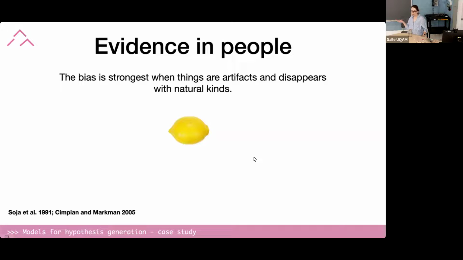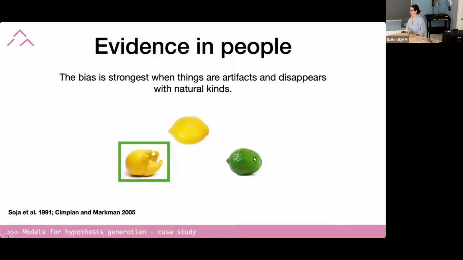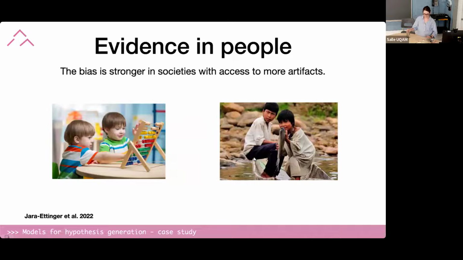If I tell you this is a loman, a fruit from an alien planet, and I show you two more, I say, now there's another loman, some of you will have actually assumed that this was the loman, right? And so it really does seem to depend on the sort of assumption that we're looking at objects of some kind that may be man-made or alien-made, right?